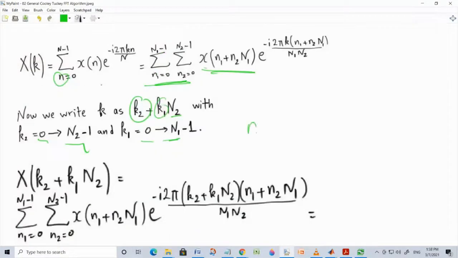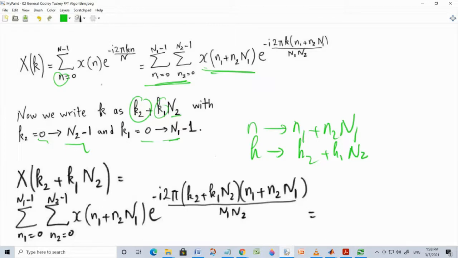As a summary, we replaced n by n1 plus big N1 n2, and k is replaced by k2 plus k1 n2. Where is this leading us?